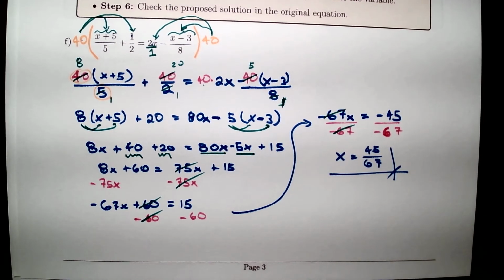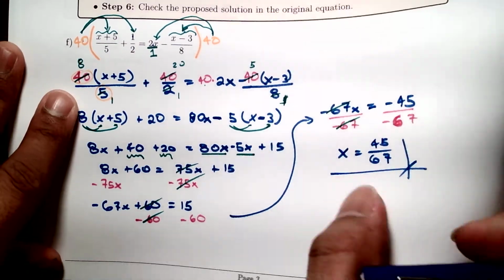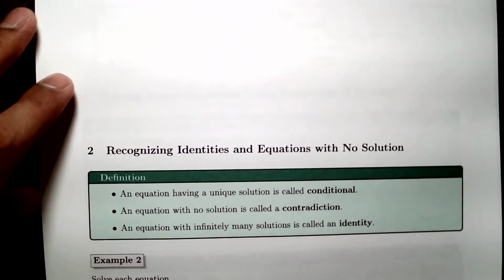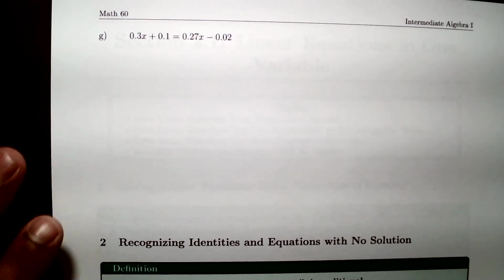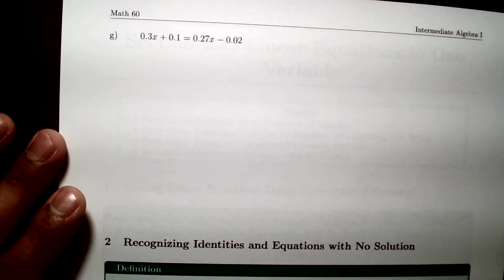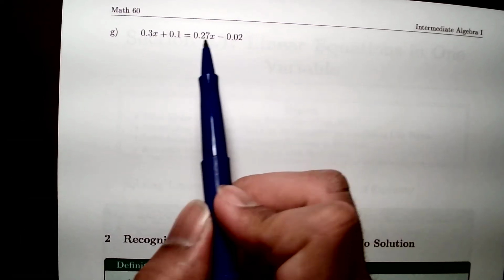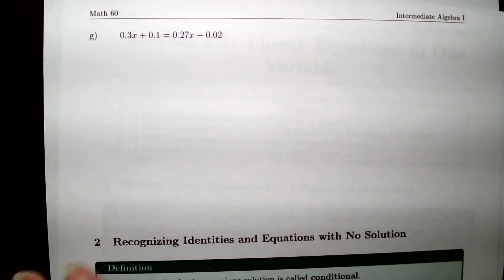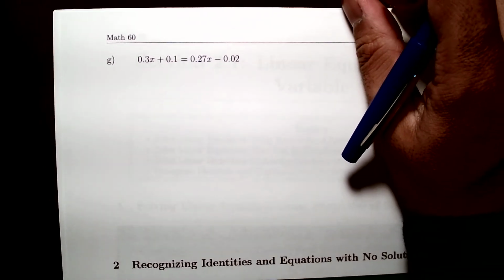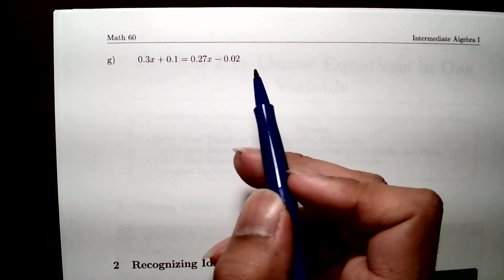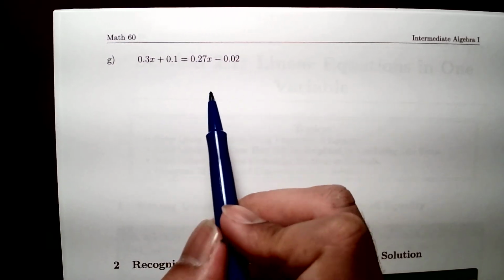All right, now let's look at the next page. Let's see what we have. On the next page, we have a very interesting one dealing with decimals. Of course, if you feel comfortable working with decimal numbers, you can use your calculator, and just make sure to understand what you're doing.